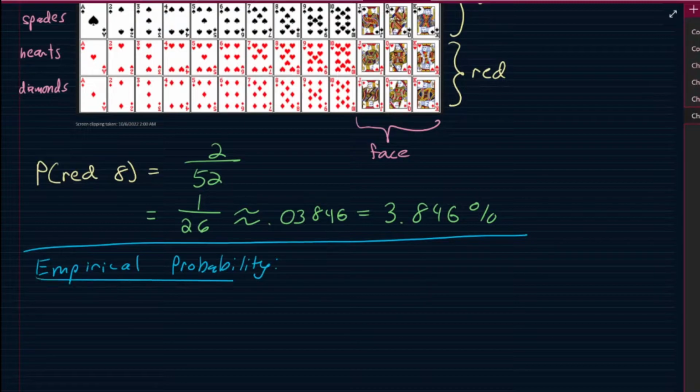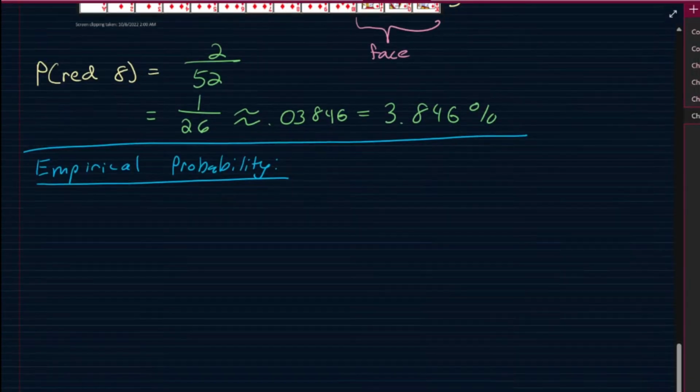So empirical probability is essentially talking about an experiment of some sort. Let me put a short definition here. Empirical probability is an observed probability.